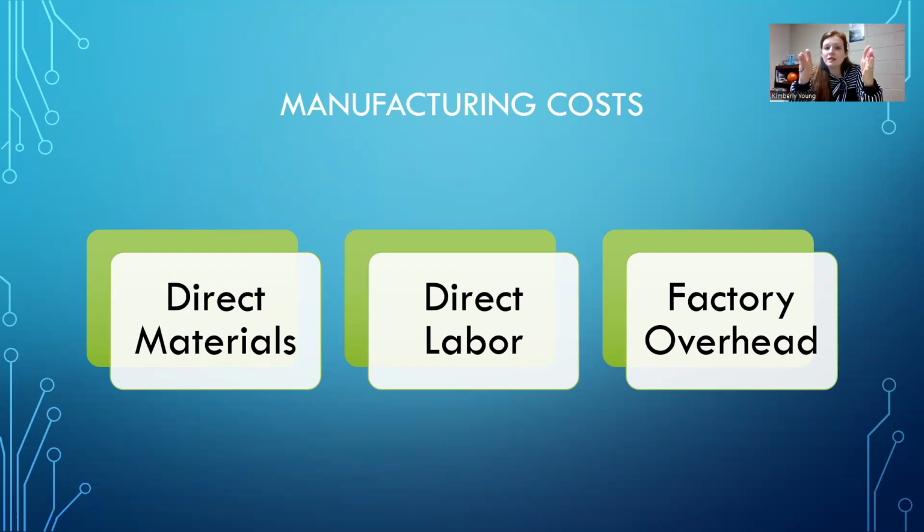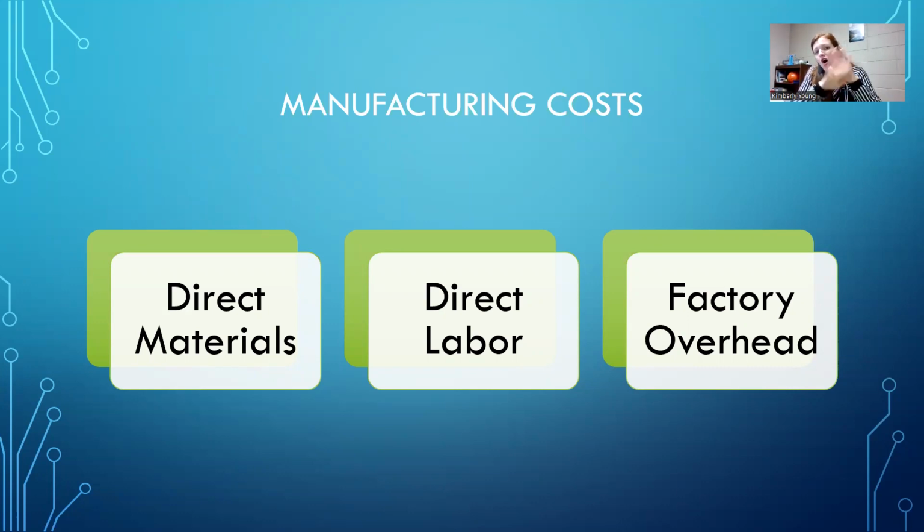Direct labor for manufacturing is the people who are hands-on putting that bicycle together. If you were making cupcakes, it's the people who are hands-on mixing up the cupcake batter. That is your direct labor. That labor gets wrapped up into the inventory cost.